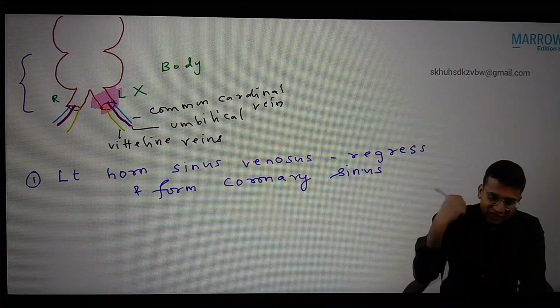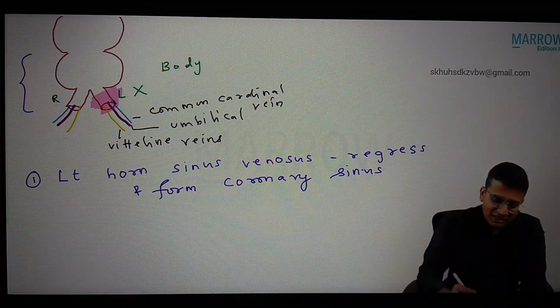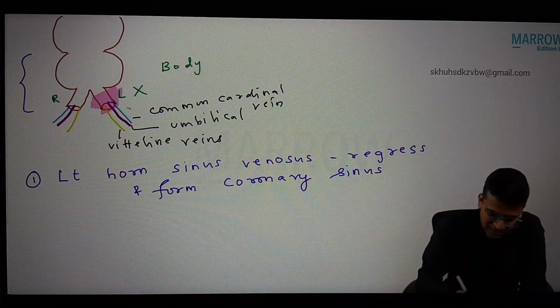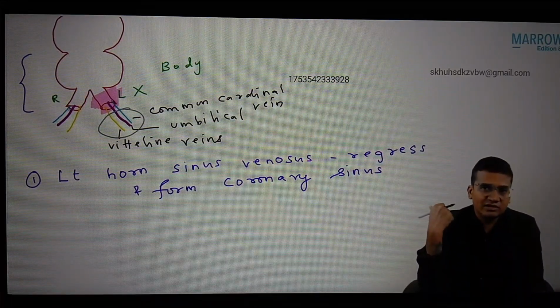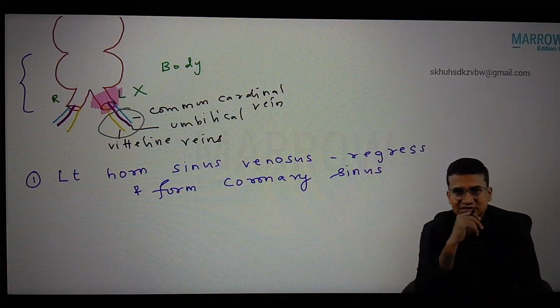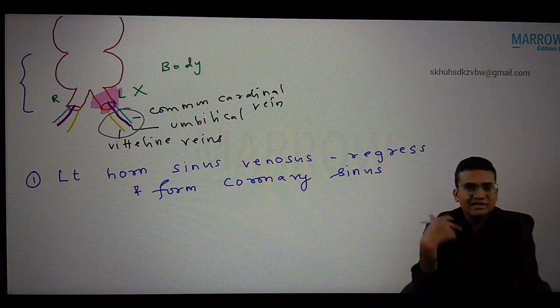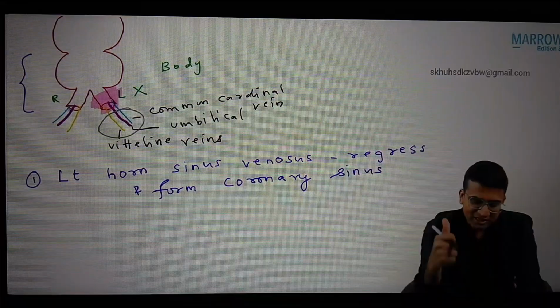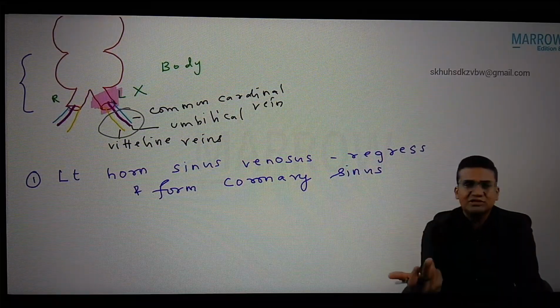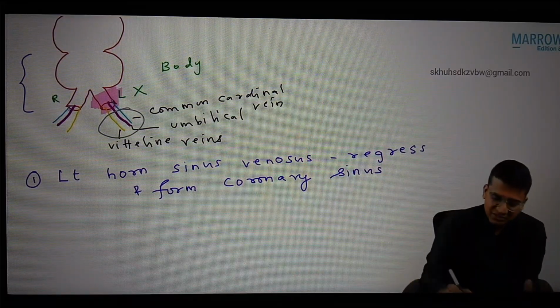Very good. So if the left horn of sinus venosus is regressing, then what happens to these 3 veins? The cranial part of the embryonic veins also regress. Why, sir? The left horn is regressing. So the cranial part of left vitelline vein, left umbilical vein, left common cardinal vein, they also regress because the left horn is regressing, no?